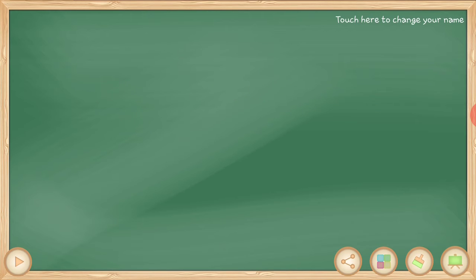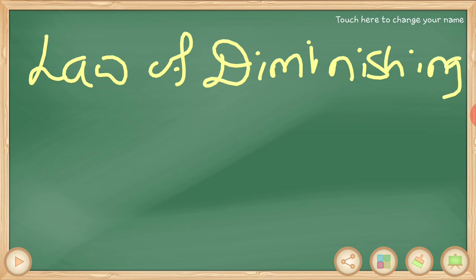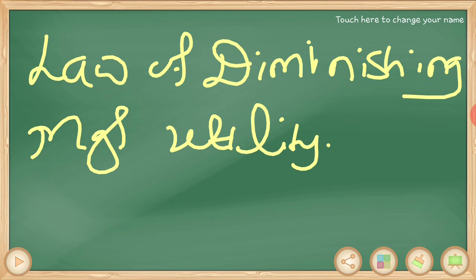And come to the next very interesting law which we discussed, that is the law of diminishing marginal utility. Yes, dear students. What do you mean by the law of diminishing marginal utility, and who developed this? It is asked for 6 marks.